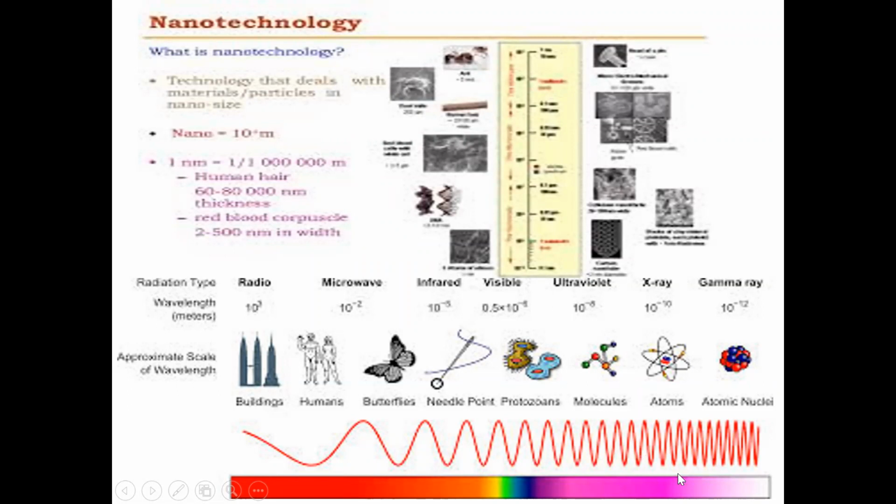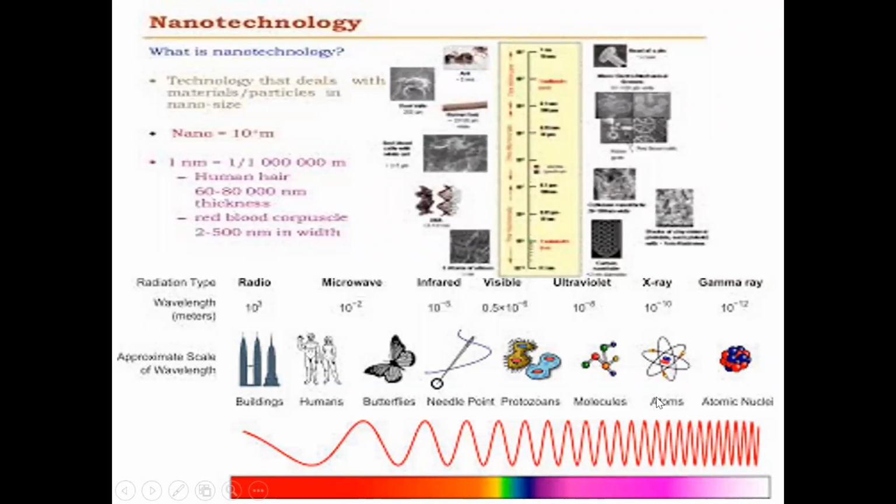So as the size keeps decreasing, the color changes, right? In this way, we can say that size and color are related, vice versa. So if the size changes, the color also changes. So color varies with the size. So this is all about the sizes.